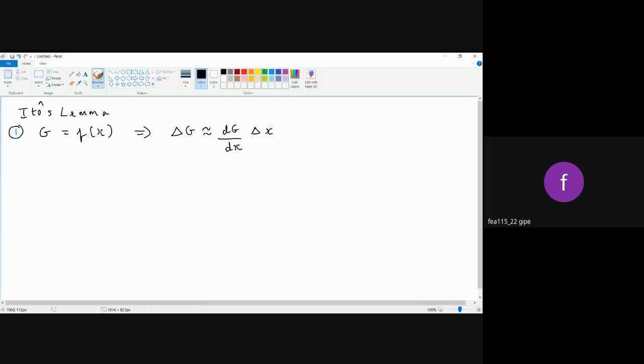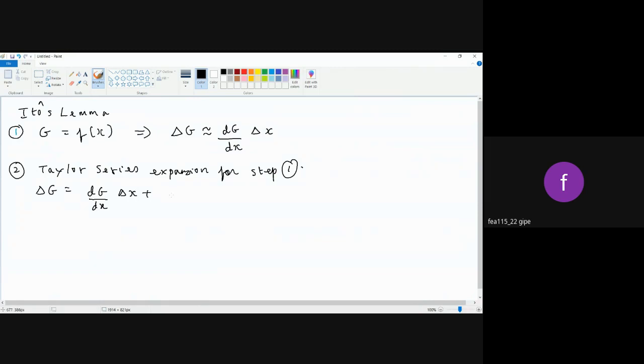Now, if I want to apply Taylor series to understand the evolution of the above, I'll show you a simple form of Taylor series here. Taylor series expansion for step 1: delta g is equal to dg by dx into delta x. This is my first term.